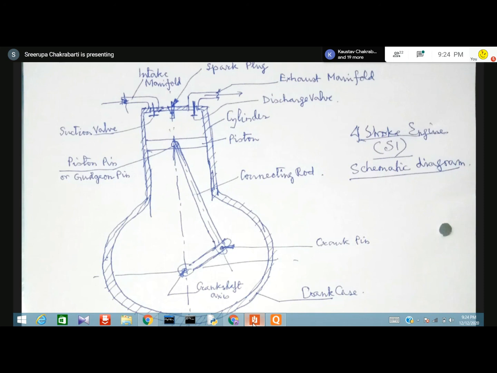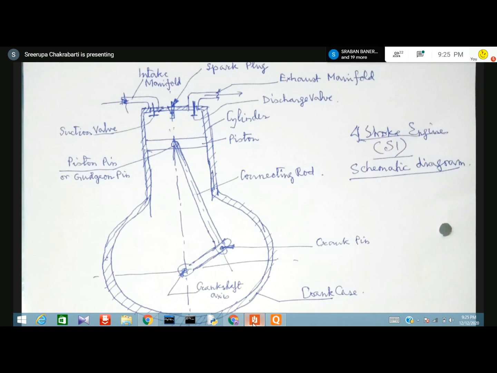But it will not be able to provide you the amount of power which you need for the application of the engine. Why are we not using petrol for heavy duty operations? Another reason is that petrol engines can operate with a low compression ratio. I told you slightly back that the compression ratio for a petrol engine is much less.